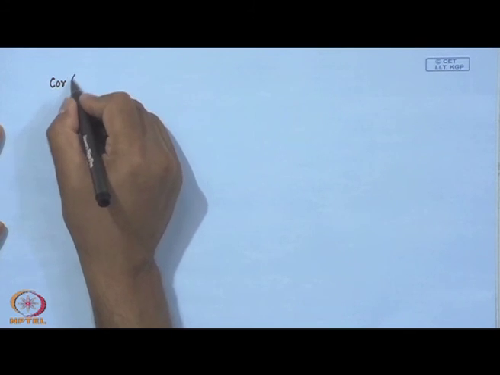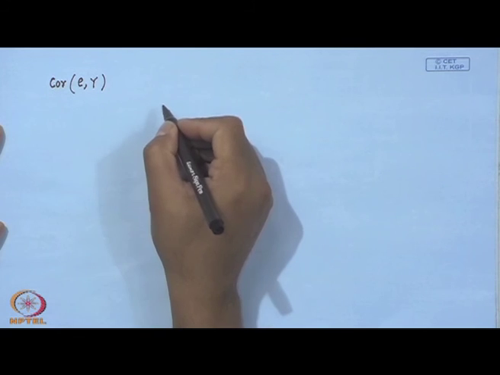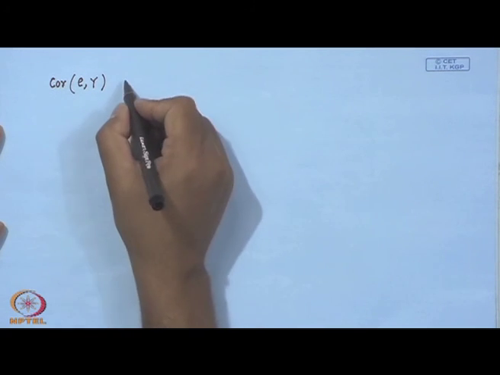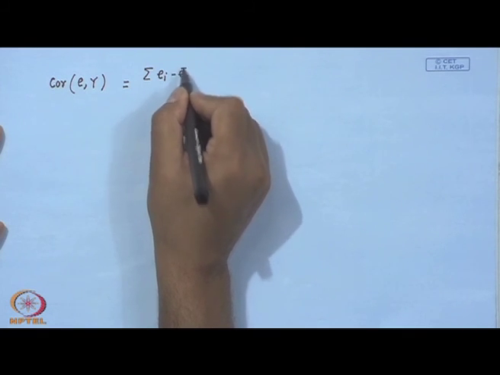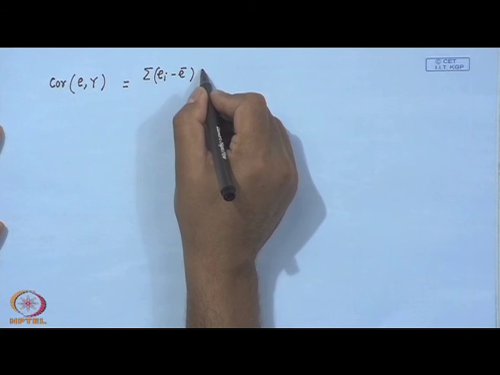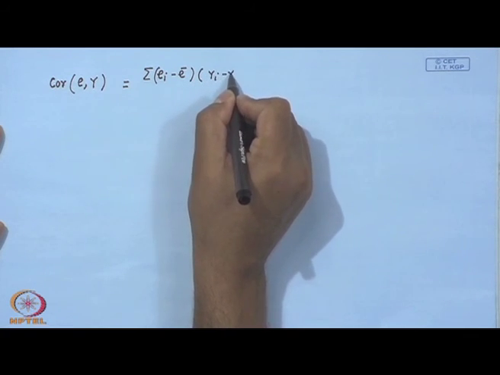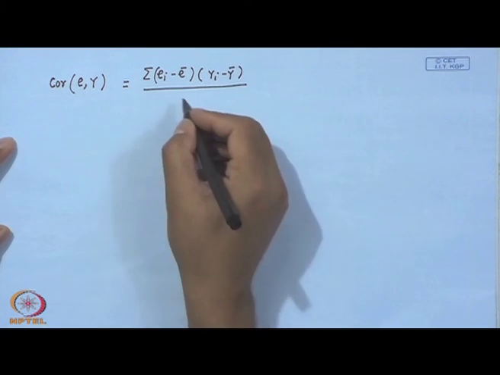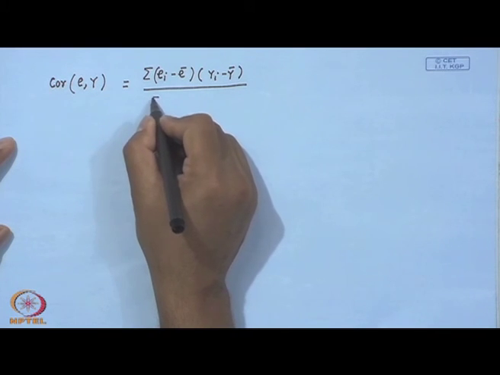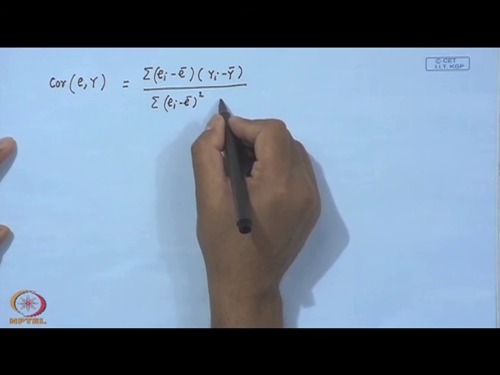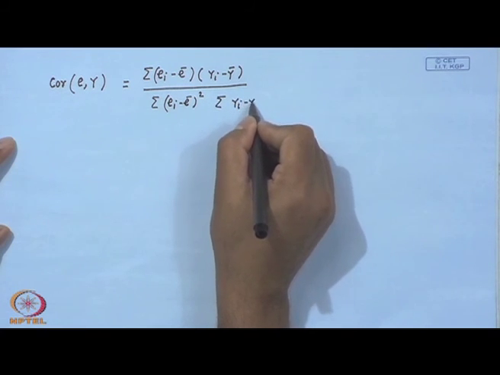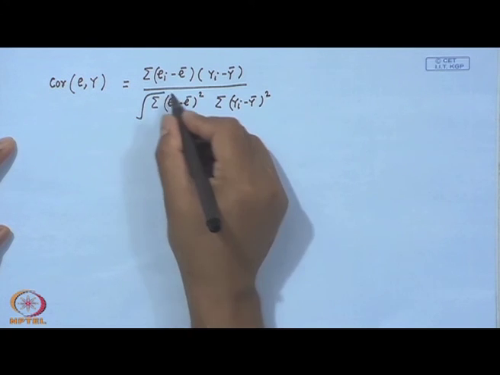Okay. So, the correlation between E and y, that is nothing but summation E I minus E bar into y I minus y bar, by the square root of summation E I minus E bar square into summation y I minus y bar square.